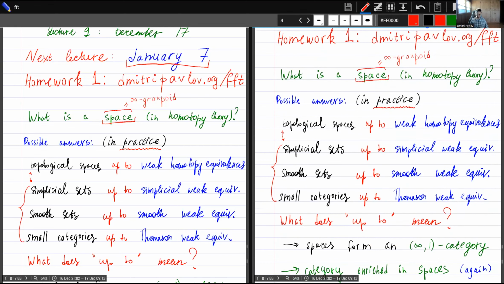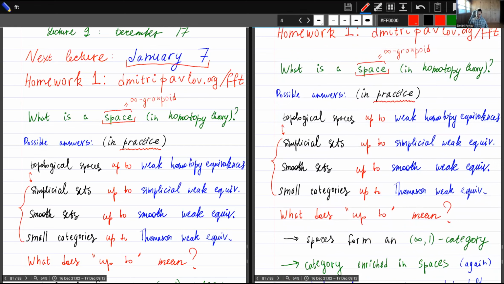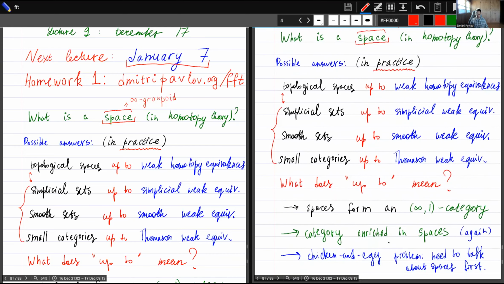What is an infinity-1-category? It's a category enriched in spaces. So here we have some sort of a chicken and egg problem, where somehow we said that homotopy theory studies infinity-1-categories, but in order to talk about infinity-1-categories, we need to talk about spaces.